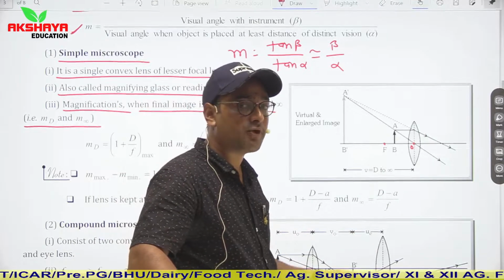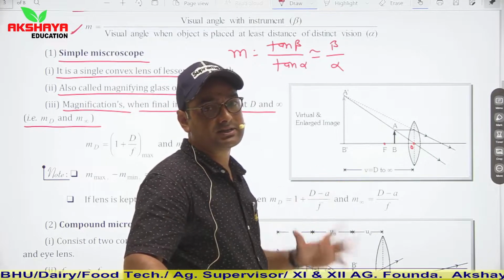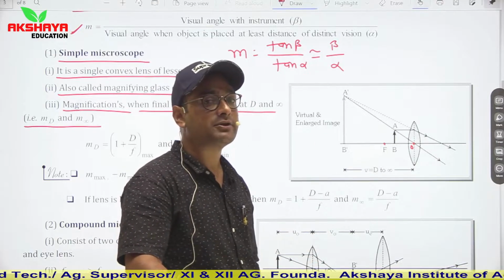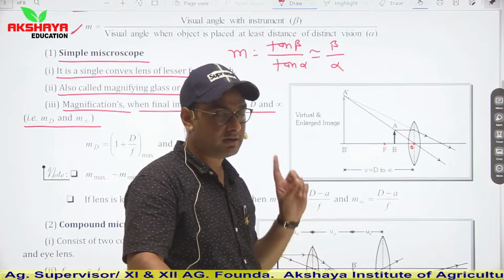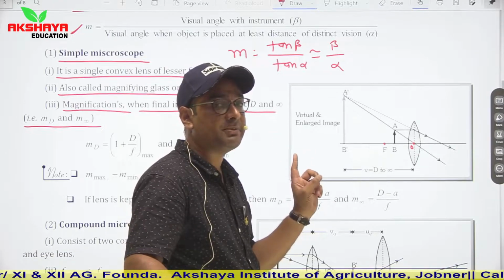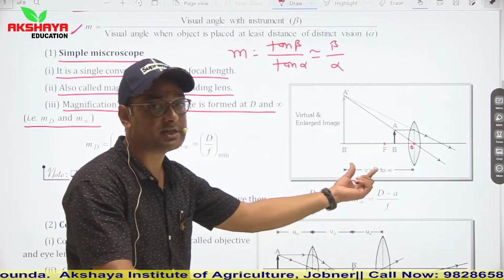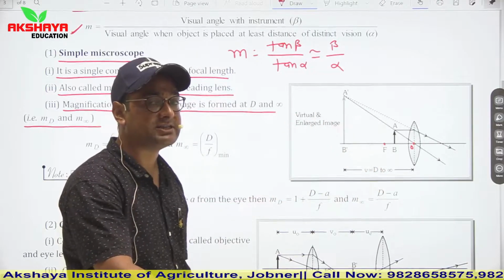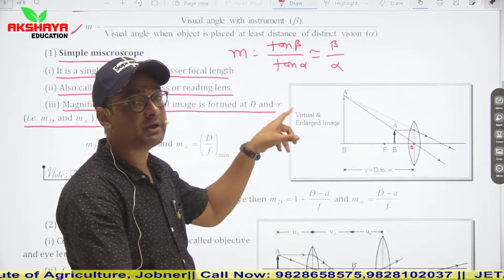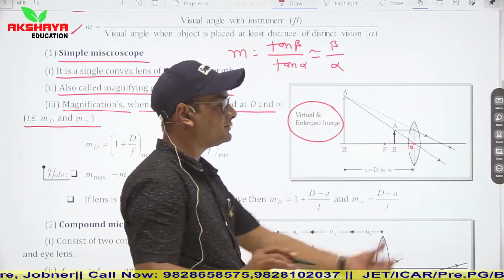Then its image is formed towards the object and it is virtual, erect and enlarged. So keep in mind, in case of simple microscope, object is placed nearby, between focus and optical center, and its image will be formed towards the object itself. It will be enlarged, virtual and erect.